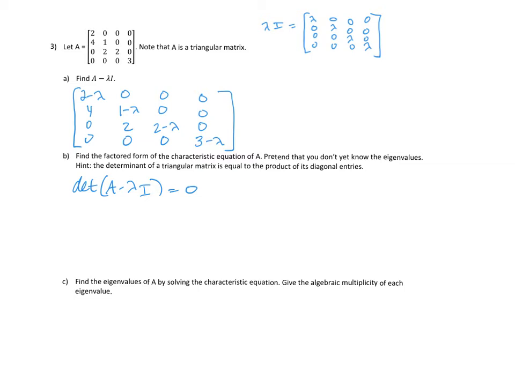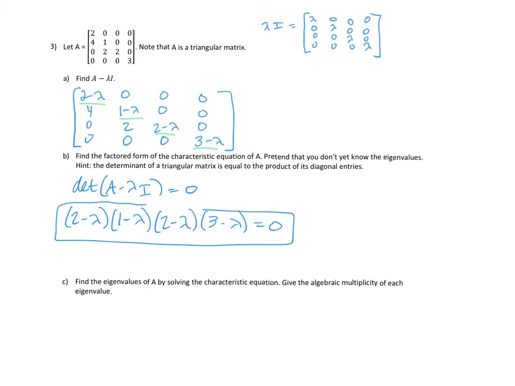The determinant is the product of the diagonal entries. So I'm going to have 2 minus lambda times 1 minus lambda times 2 minus lambda times 3 minus lambda equal to 0. That is the factored form of my characteristic equation.